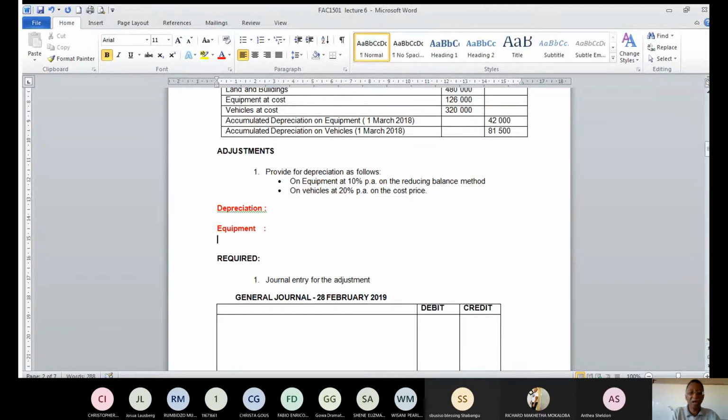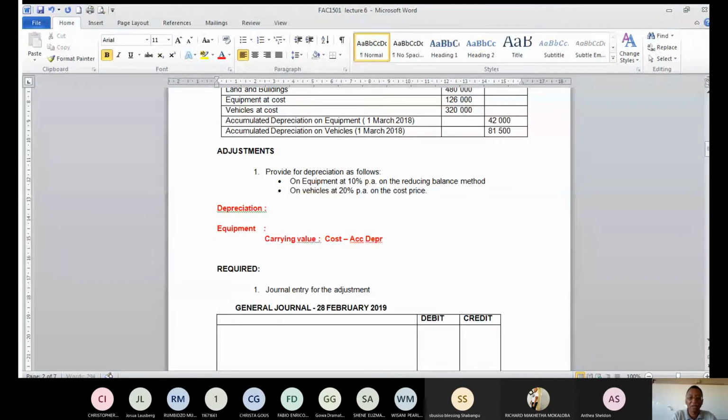If you must calculate on the reducing balance method, you must first calculate what is the carrying value of the asset. And carrying value is cost price minus your accumulated depreciation. That is your carrying value amount.